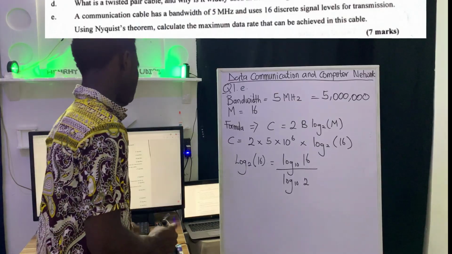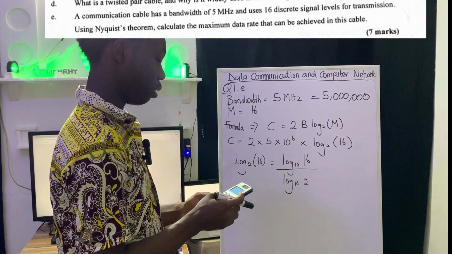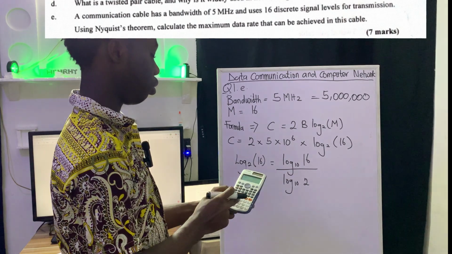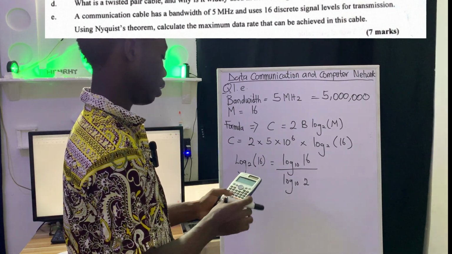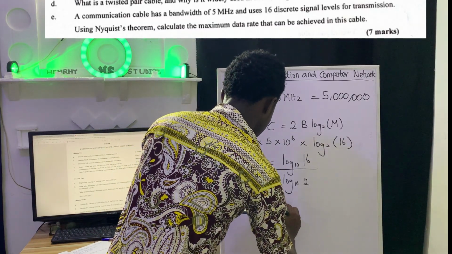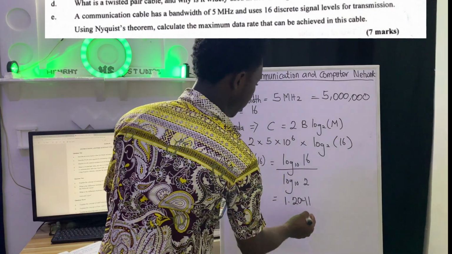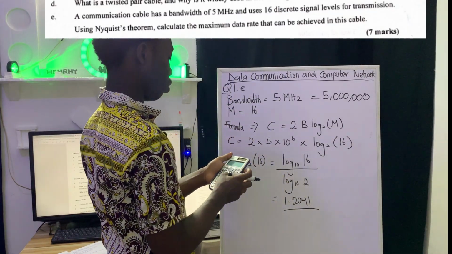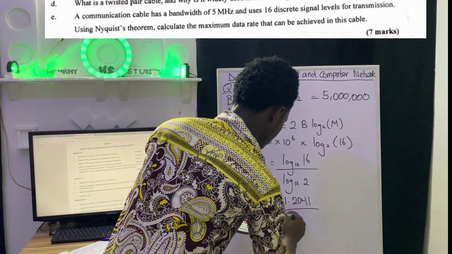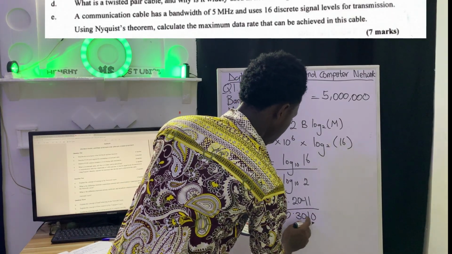So you punch this on your calculator. You punch log, then in brackets 16, and you are going to get 1.2041. Now let's punch log 2, log10(2), and you are going to get 0.3010.